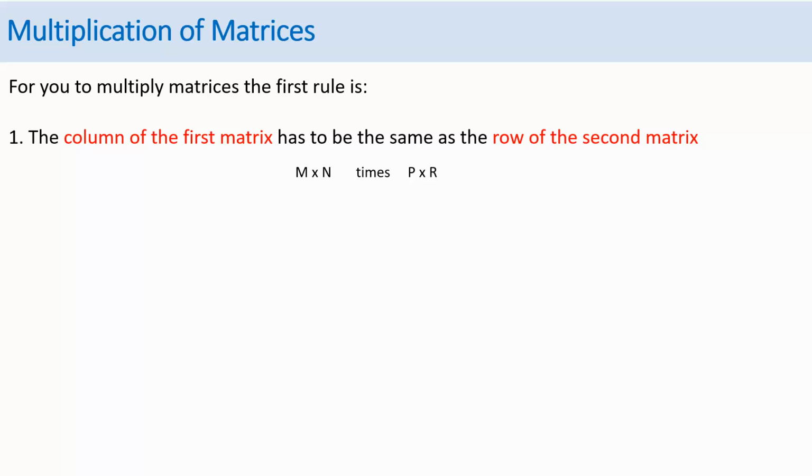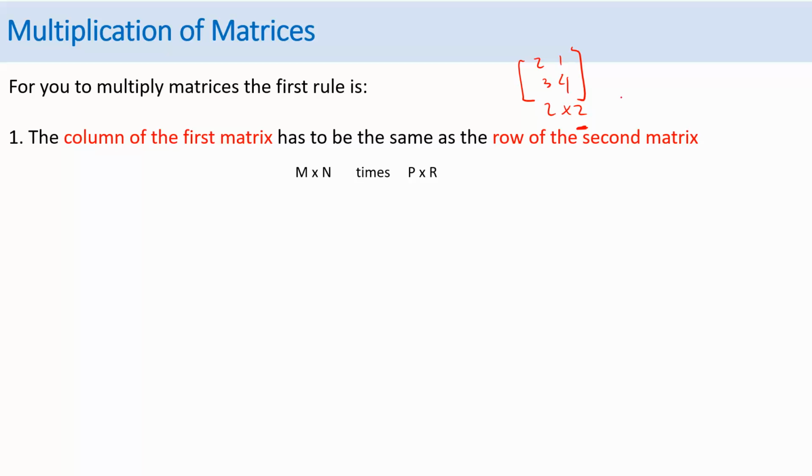When you do a 2 by 2 and then a 2 by 7, you just got to make sure that the column of the first matrix is the same as the row of the second matrix. An example would be if I gave you 2, 1, 3, 4. What's the size of this matrix here? 2 by 2. Okay, so I've got 2 columns.